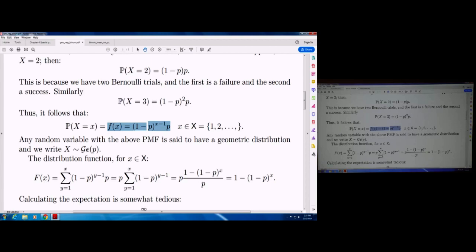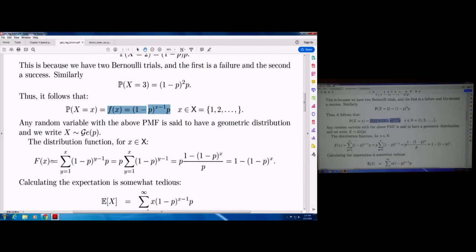Let me just say a little bit about this. This is one of the very few cases where you can actually calculate the distribution function. So remember, what is the distribution function? Let's cast our mind back. The distribution function, capital F of x, is the probability that a random variable X is less than or equal to some value little x, where little x lies in the support.